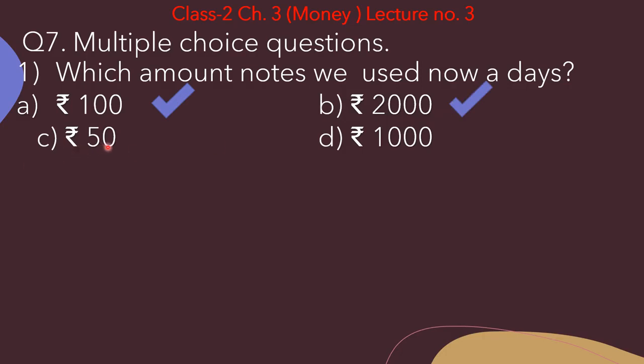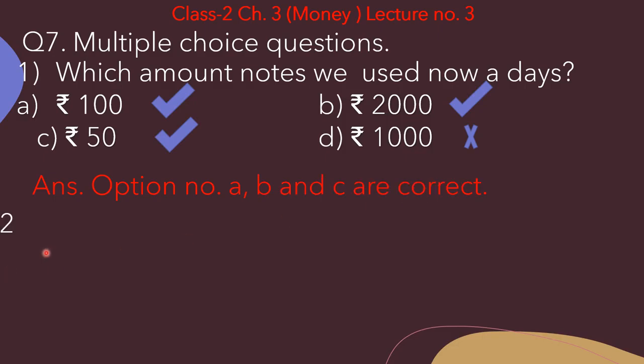Now rupees 50. Rupees 50 is also a correct answer. So we will tick this option. Now option number D, it is given rupees 1000. Beta, nowadays we are not using 1000 rupee notes. So we will cross this. Okay. Now we have to write the answer. Here you can see option number A, B and C are all correct. So we will write in the answer: option number A, B and C are correct.